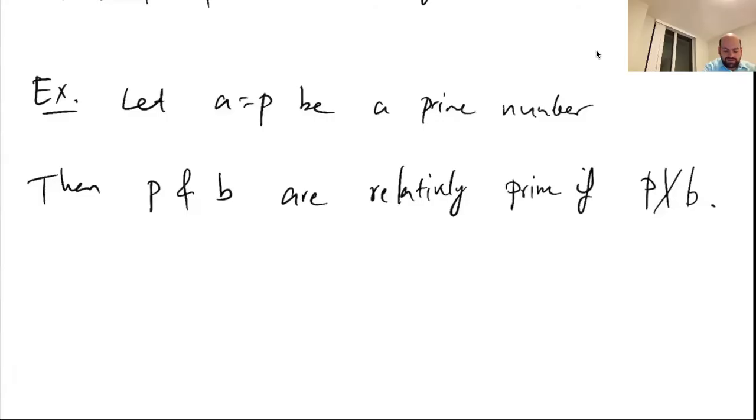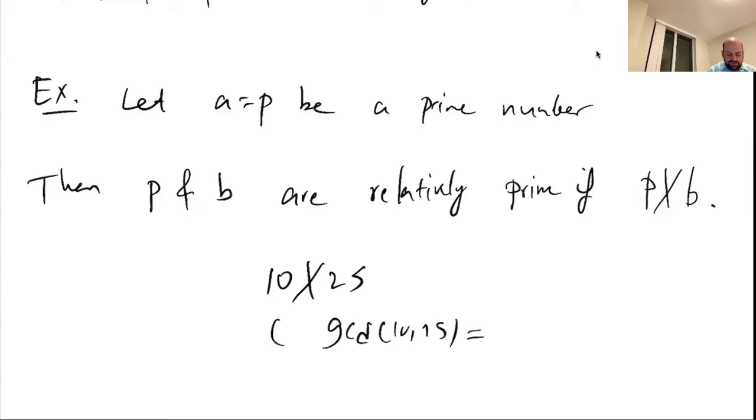For example, 10 and 25. 10 does not divide 25, right? But the GCD of 10 and 25 is not 1. The GCD of 10 and 25 is 5. So here 10 is not prime, which is why although A does not divide B, still the GCD of A and B is not 1, and therefore A and B are not relatively prime.